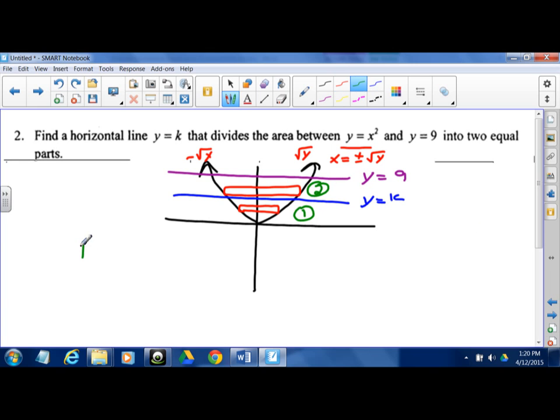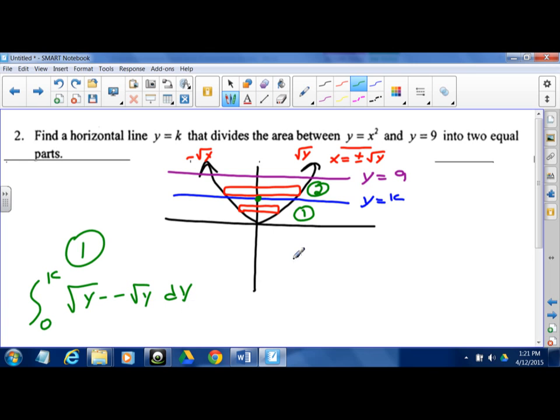Okay, so the area of region 1 is going to be the integral from the y value, well the smallest y value is 0, and the y value that we're going to stop at is this y value right here, which we're calling k. All right, and it's going to be the right function minus the left function, dy. So it's radical y minus negative radical y dy.